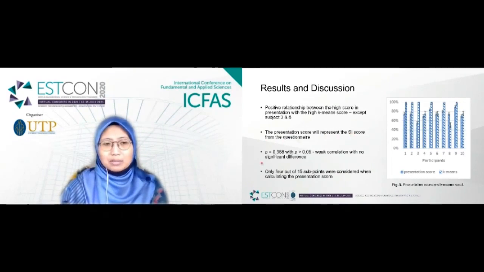We used the Spearman correlation test and found the correlation value is 0.388, with the p-value larger than 0.05. So this result shows a weak correlation with no significant difference between both parameters. This may be because only 4 out of 15 subtopics were considered when calculating the presentation score.